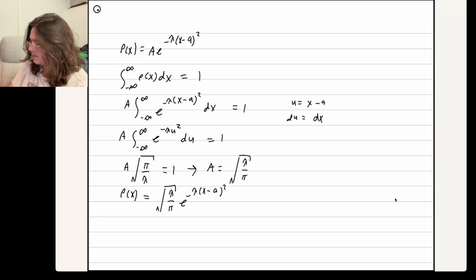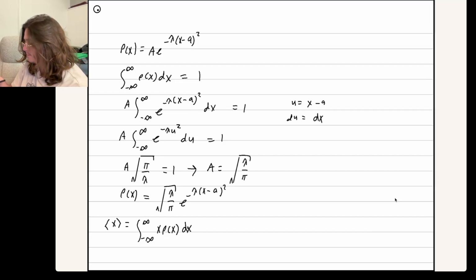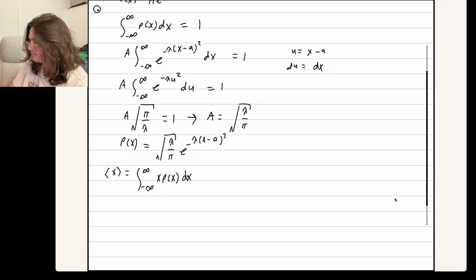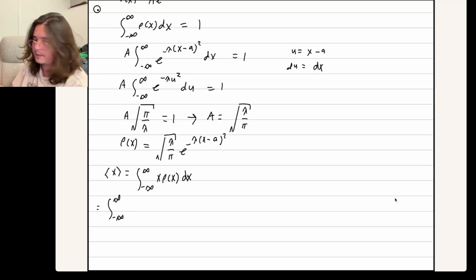Alright, now we need to find the expectation value of x, which is the integral over all space of x times the probability distribution. So that's going to be from minus infinity to infinity. I'm going to go ahead and plug in the u substitution. So you'll have u plus a, and then this is going to be e to the minus lambda u squared du.